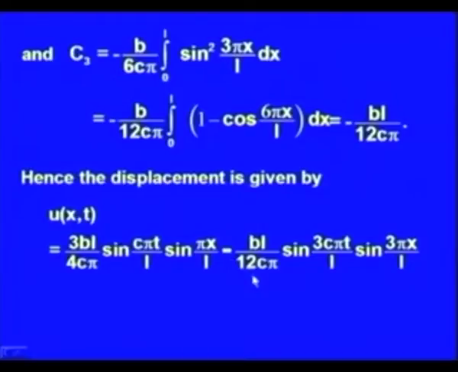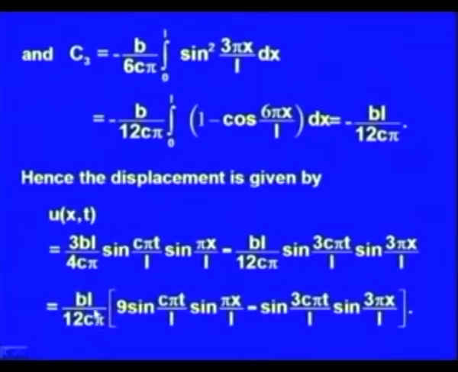So, we have minus bL over 12 c pi sin 3 pi c t over L into sin 3 pi x over L. Which can further be written as bL over 12 c pi into 9 sin c pi t over L into sin pi x over L minus sin 3 pi c t over L into sin 3 pi x over L.